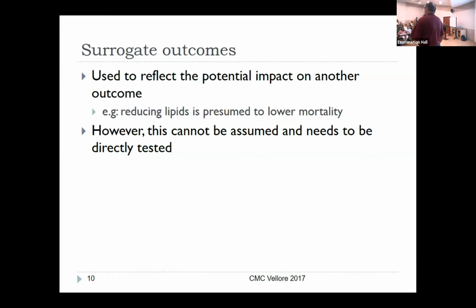It's not an if and only if. Right? There is variability. People with low cholesterol may get heart attacks. People with high cholesterol may not get heart attacks. So the surrogate is not always perfectly correlated with the definitive outcome of interest.